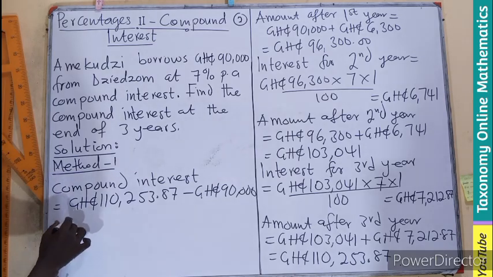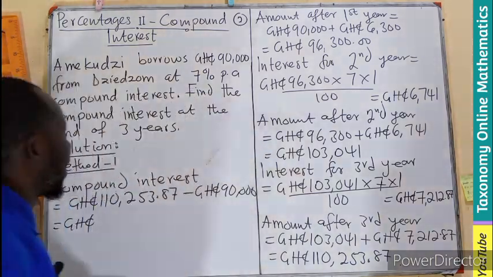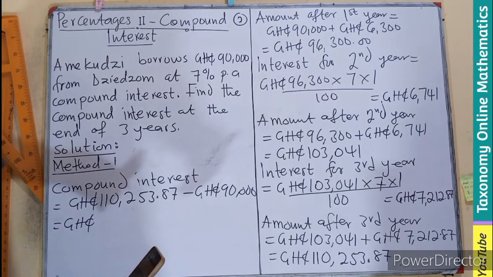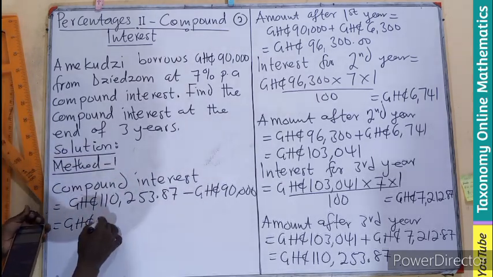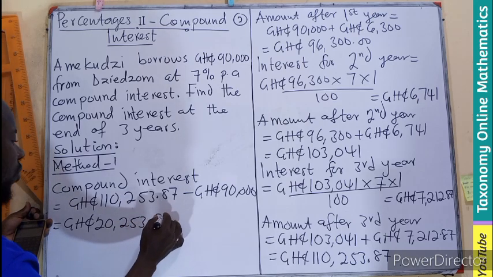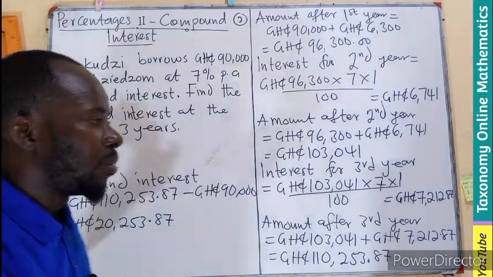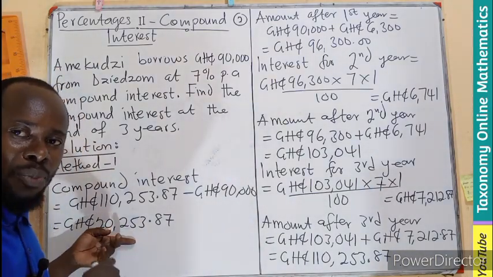So we perform the subtraction to see what will be the amount of money that Jejon will be expecting from Amekuji. So this will amount to 20,253.87 pesos.